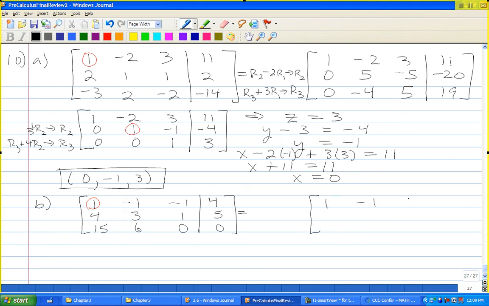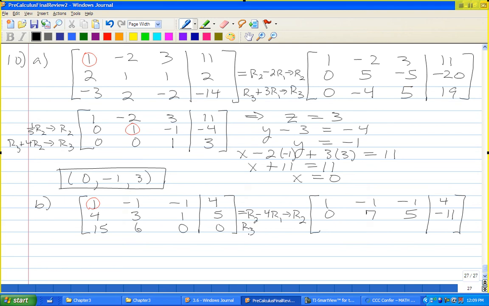1, negative 1, negative 1, 4. So I'll take row 2, subtract 4 times row 1, to give me a new row 2. Okay, so 4 minus 4 is 0. 4 plus 3 is 7. 4 plus 1 is 5. 5 minus 16 is negative 11.